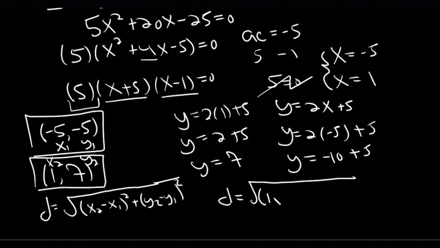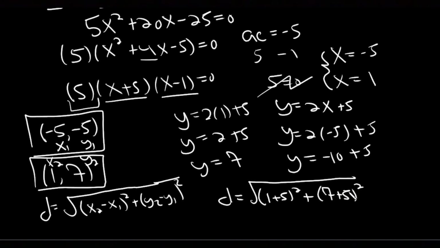Those two negatives make a positive. So I get plus 5, and then I square it. And then I get plus y2, that's going to be 7. So 7. And then same thing here, my y1 is negative, and I have a minus in my formula, so a negative and a negative will make a positive. This y1 goes in as positive 5, so plus 5, and I'm going to close it and then square it.